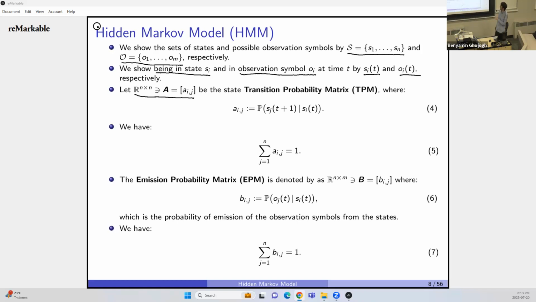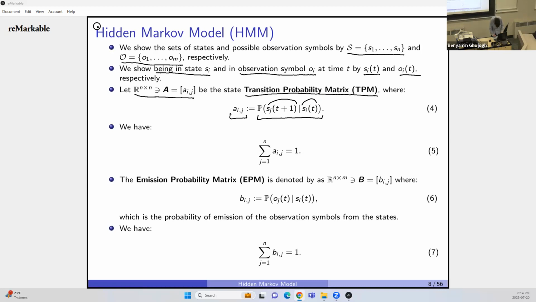We call it the transition probability matrix, or TPM in short. Its ij-th element, denoted Aij, is the probability of S_j^(t+1) given S_i^t. What do I mean? It's the probability that at time t I was in Si, but at time t+1 I go from Si to Sj.